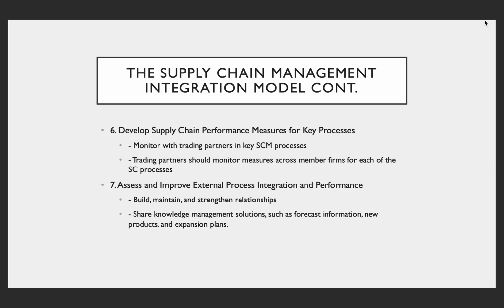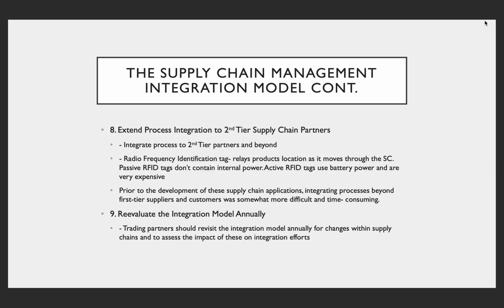Seven, assess and improve external process integration and performance. I actually hit on this back in number 4, but I meant to talk about it here, where you have to focus your efforts on maintaining those key relationships. Build and maintain relationships. You share knowledge management solutions such as forecast information and new products, as well as expansion plans. And then you extend process integration to the second tier supply chain partners and beyond.